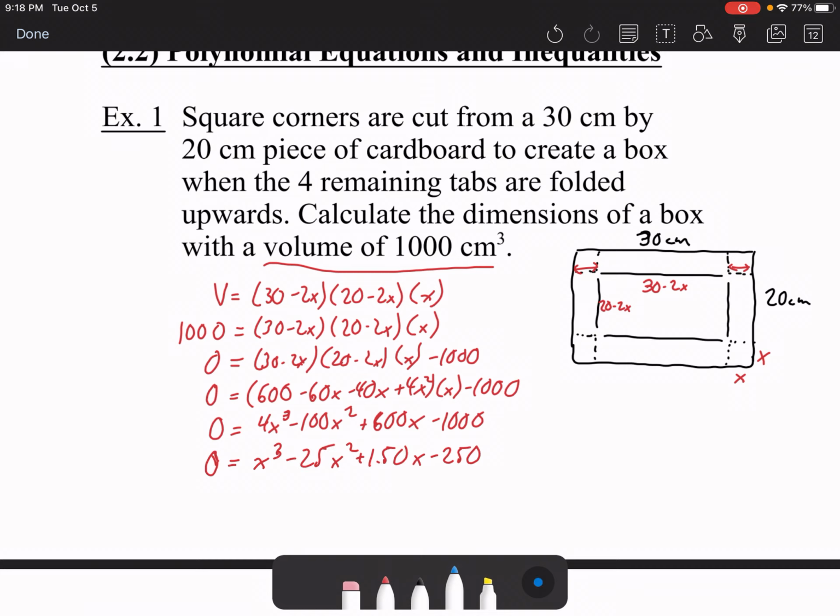Okay, so in order to figure this out, I'm going to let f of x be this function, x cubed minus 25x squared plus 150x minus 250.